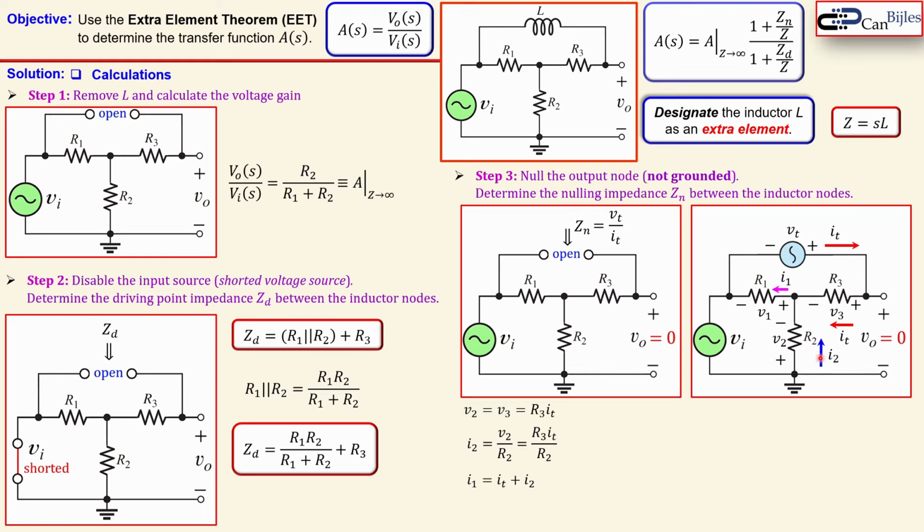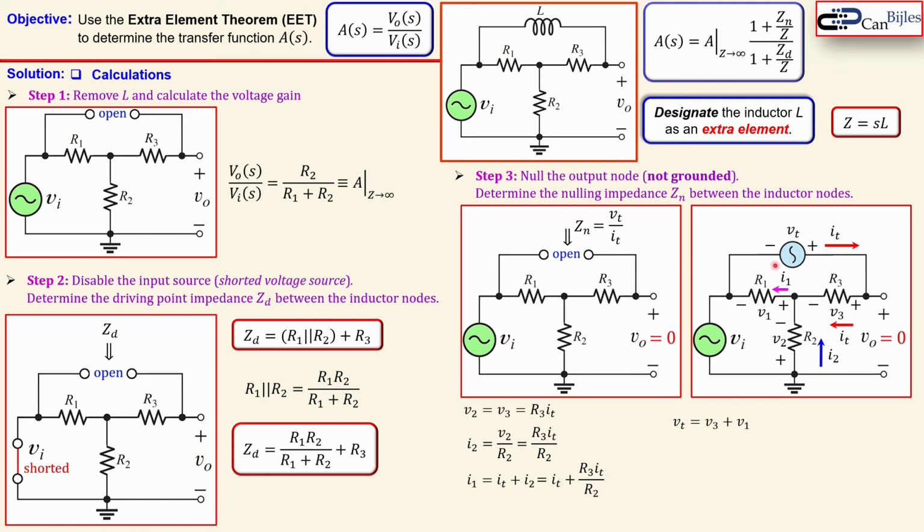So these two together make up this I1, which is actually the Kirchhoff's current law at this node here. And that's shown here. And we also know that I2 is from this second equation R3 over R2 times IT. Now we have here an expression where you see actually the IT and the ratio of two resistors.